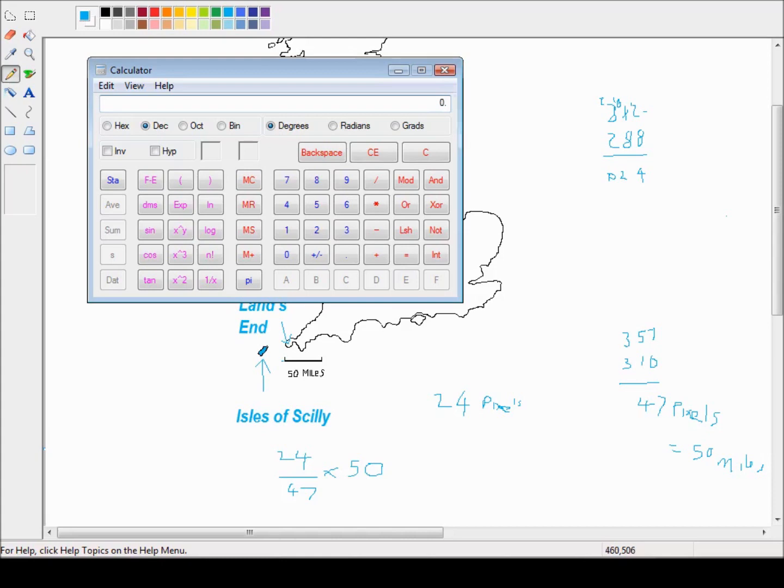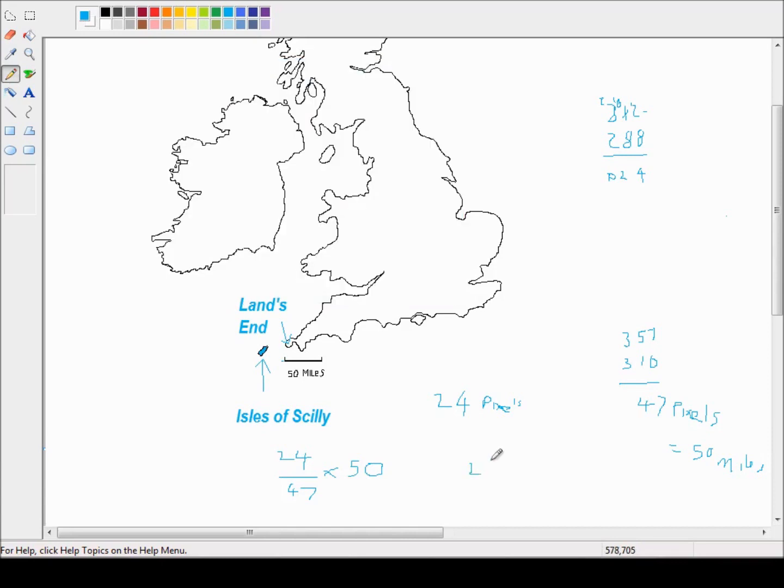Okay, so I've got my calculator. So this is just 24 divided by 47 times 50 is 25.5 miles. So I'm going to say 26 miles approximately.